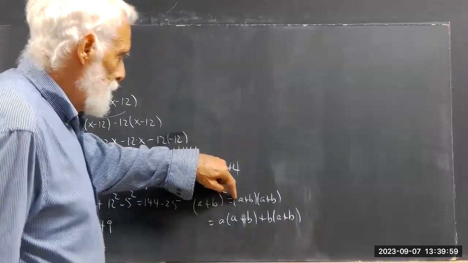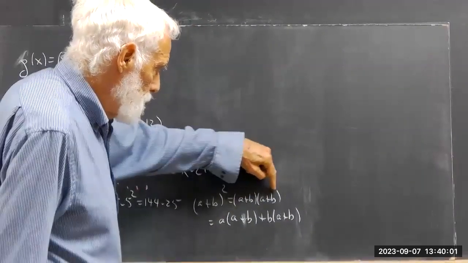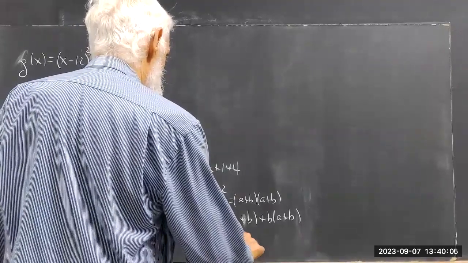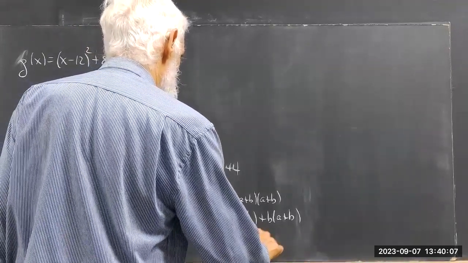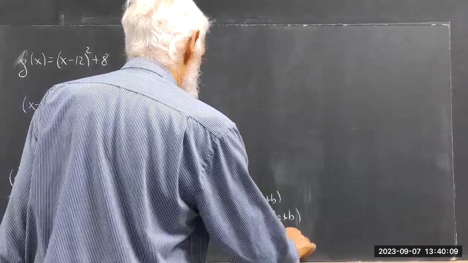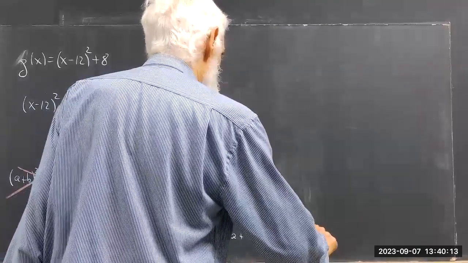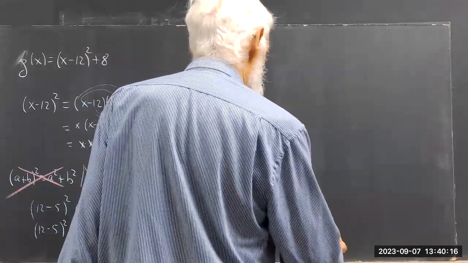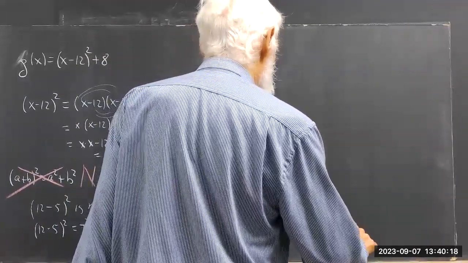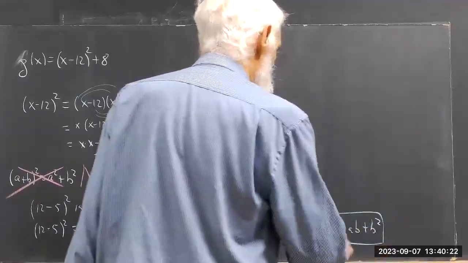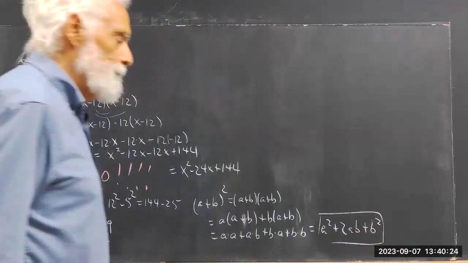It's (a plus b) times (a plus b), which equals a squared plus 2ab plus b squared.